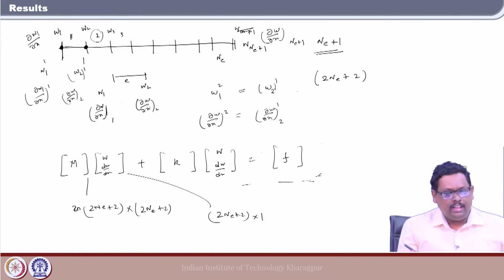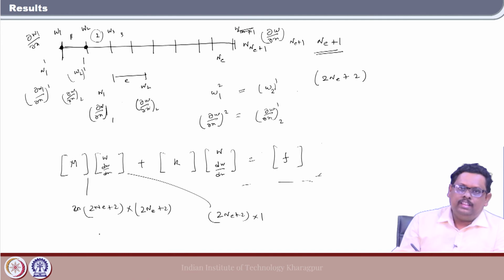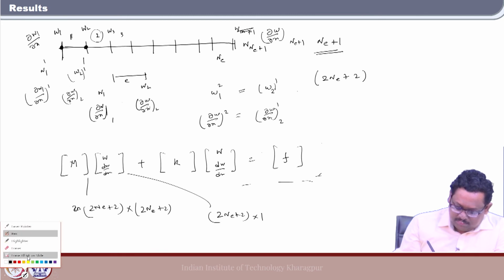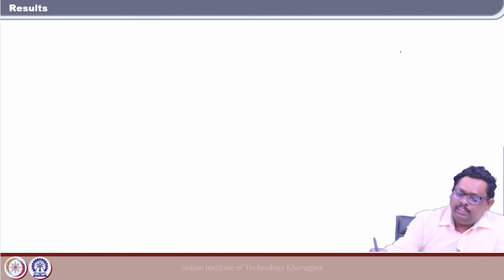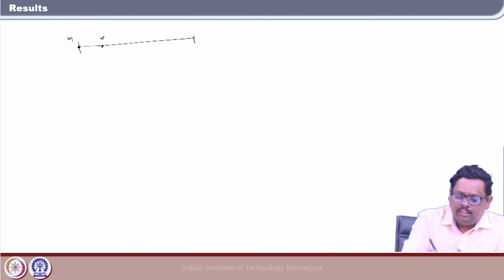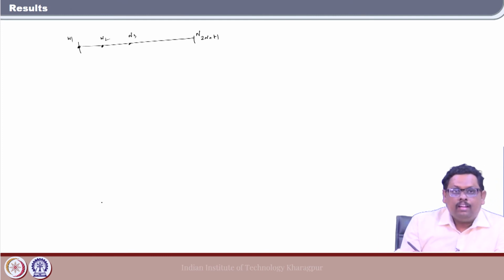For that we use some kind of a connectivity matrix, right. Now, what is this connectivity matrix? Let me try to explain. Here you have w 1, then w 2; these are the global ones. So, I am not writing E, and it is w 2 into n e plus 1 or something like this.